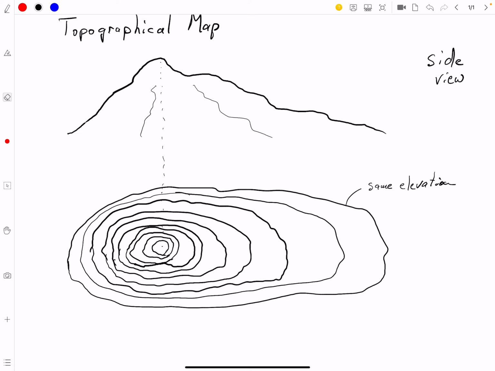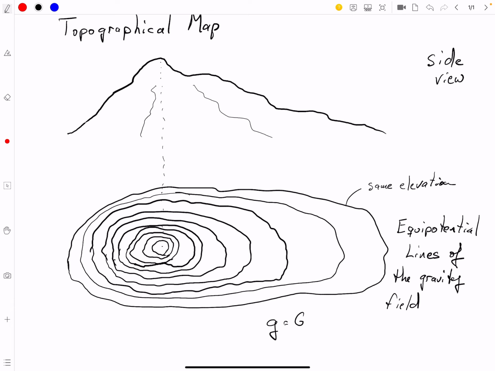But we're going to keep it simple. These are equipotential lines of the gravity field, because g equals Gm over r squared.